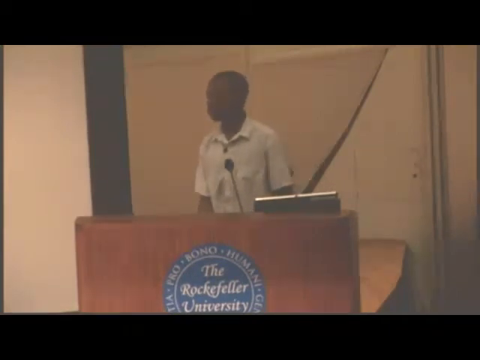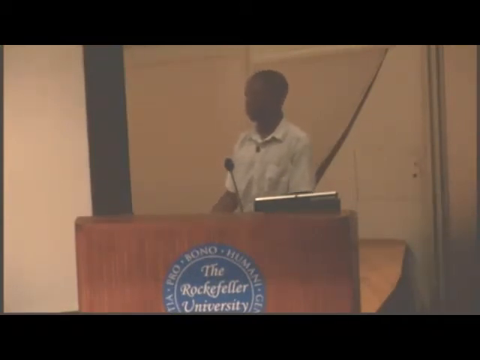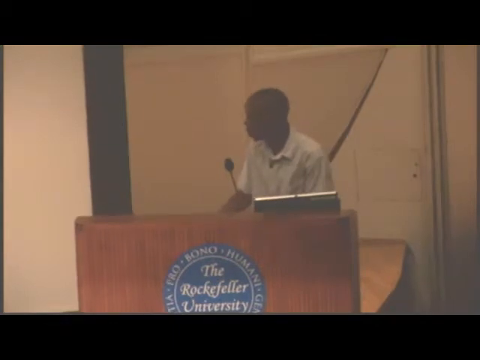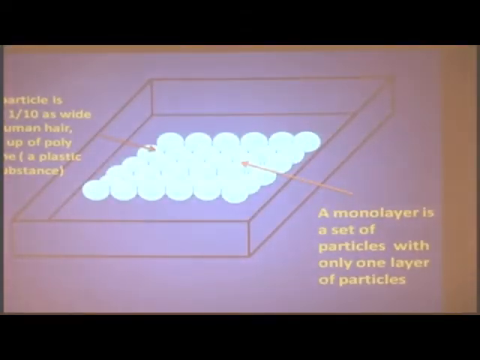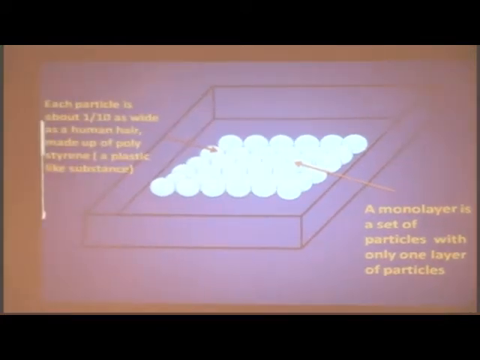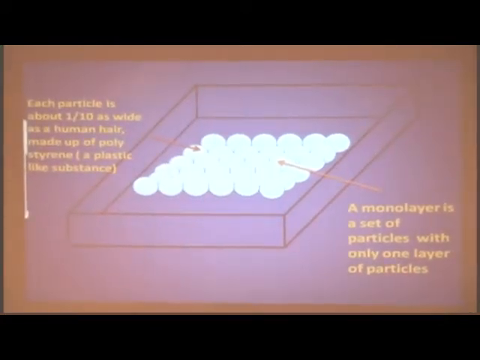Now, I'm going to start talking about how to make a Janus particle. First, you'll need to know what a monolayer is. In case you don't know, a monolayer is just a set of particles that is only one particle thick, shown in the picture. Each particle is about 1/10 as wide as a hair, so that's extremely small.